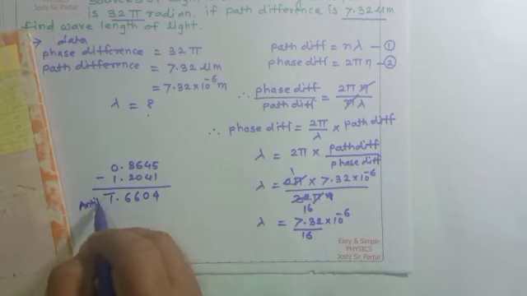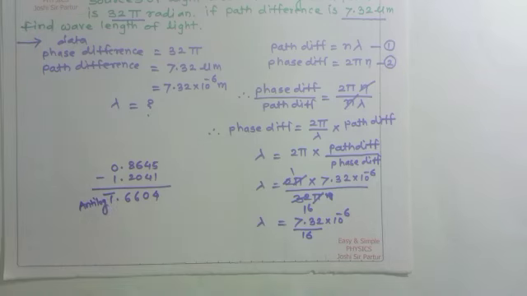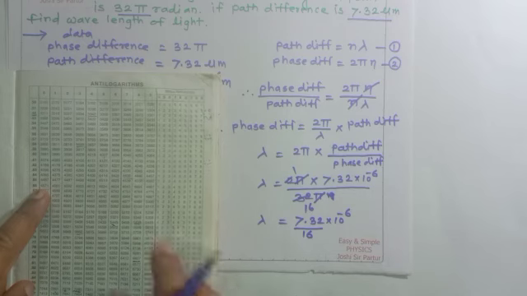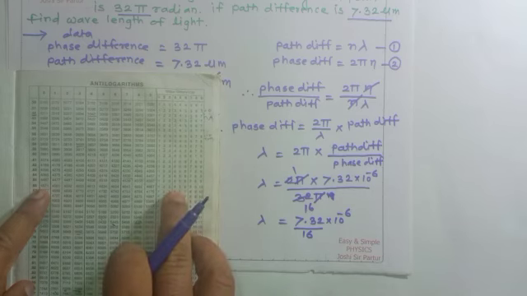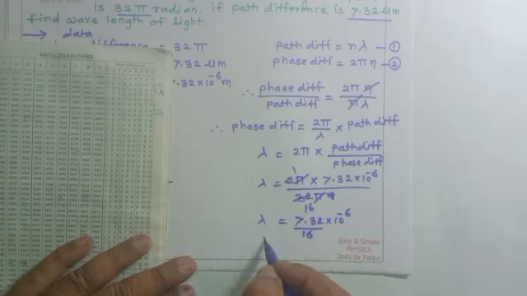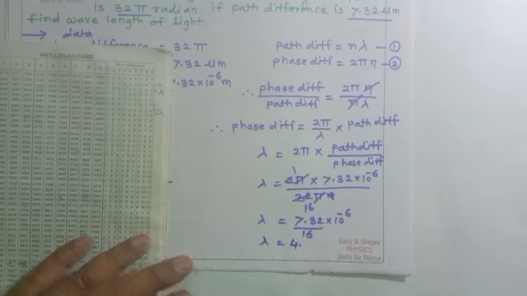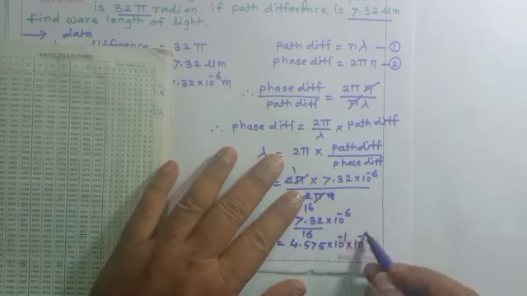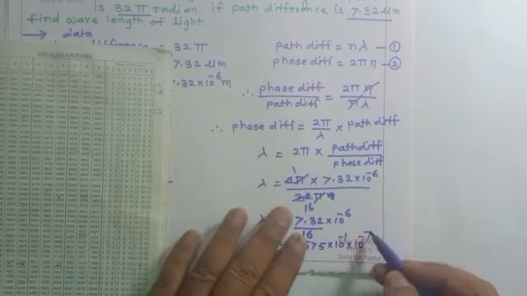Take the anti-logarithm of bar 1.6604. Here 0.66 in 0 gives 4571, and in 4 the mean difference will be 4. So lambda is equal to 4.575 into 10 raised to minus 1 into 10 raised to minus 7. Sorry, 10 raised to minus 6.